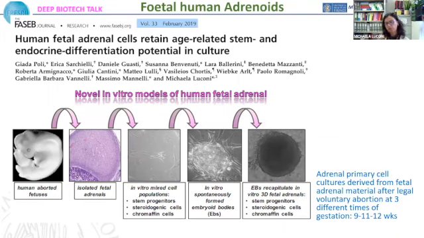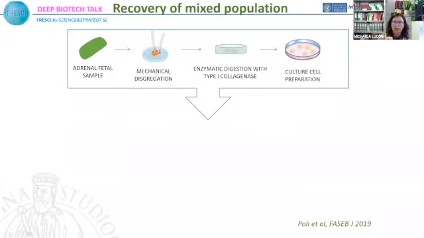So our group in Florence started with a different strategy and approach, developing a 3D in vitro organoid model of fetal adrenal from an adrenal primary mixed cell population. So we have cortical and medullary cells, obtained by legal voluntary abortion between 9 and 12 weeks of gestation, performed in our university hospital.